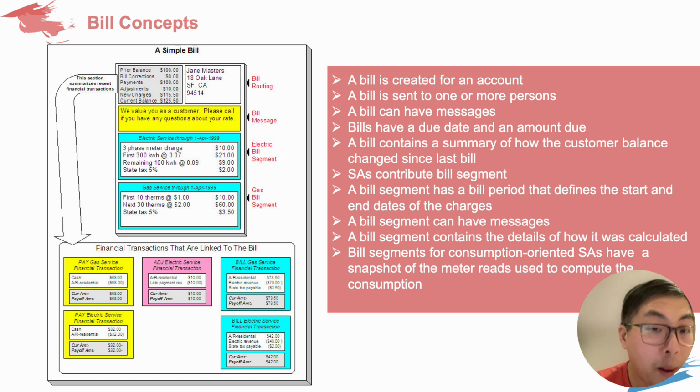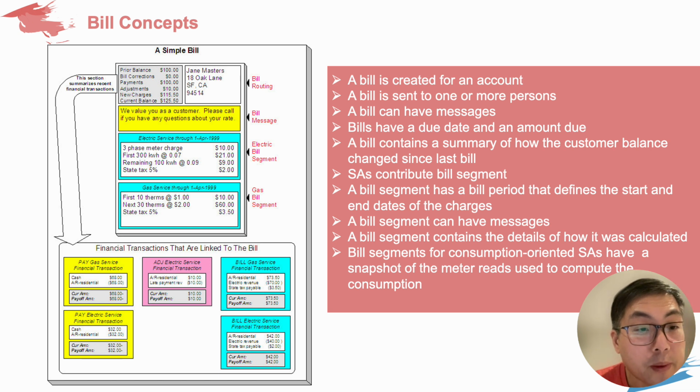If a payment is made, the payment will be split across the two bill segments and matched with the bill segment based financial transactions in a match event. And then potentially we have adjustments, which could be a one-off charge, etc. But that will be balanced by the payment event as well.